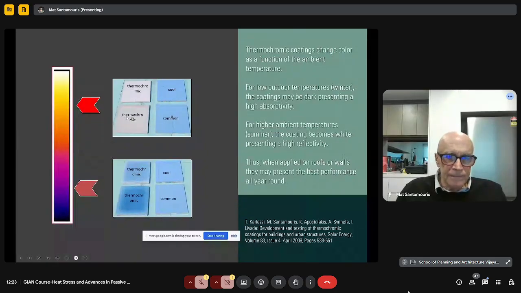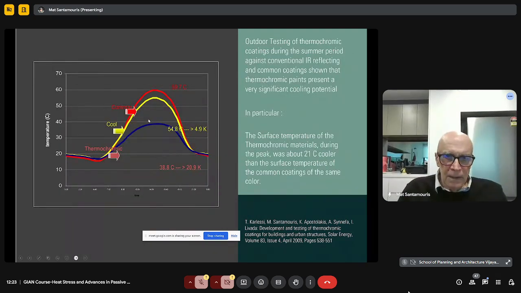So they change their optical properties, and they change their surface temperature. These materials are developed, and I'd like to show you the comparative results against conventional materials, cool materials, the ones I showed you as second generation materials, and also the thermochromic materials.